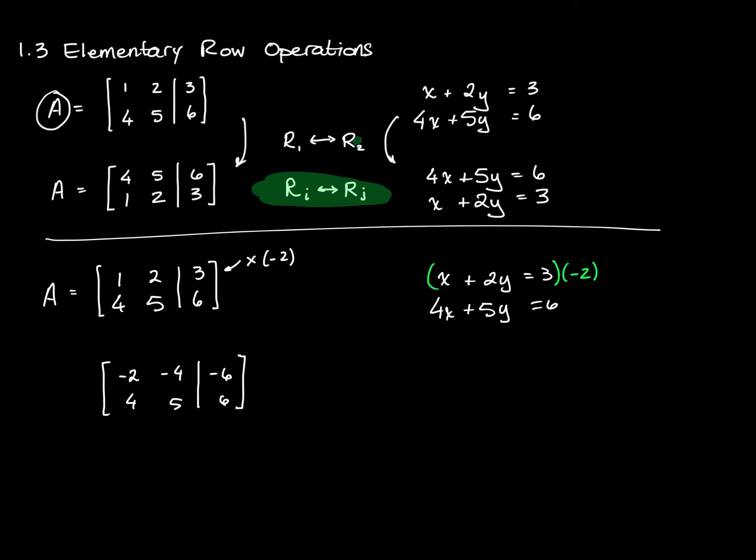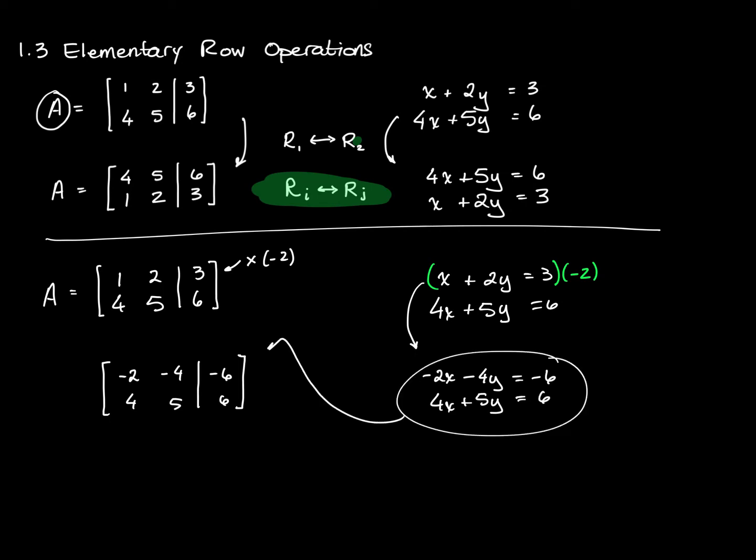So my new system of equations, if I write it as a system of equations, is going to be -2x minus 4y equals -6, and 4x plus 5y equals 6. Now, if I were to take this system of equations and write it as a matrix, I would get that matrix that I had in the first place, that I got simply by multiplying row 1 by the value -2. What I've done here can be annotated as having taken -2 and multiplied it by row 1.